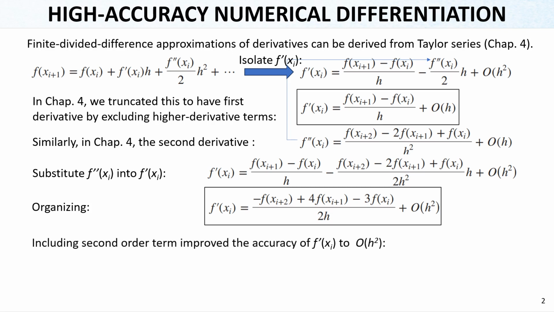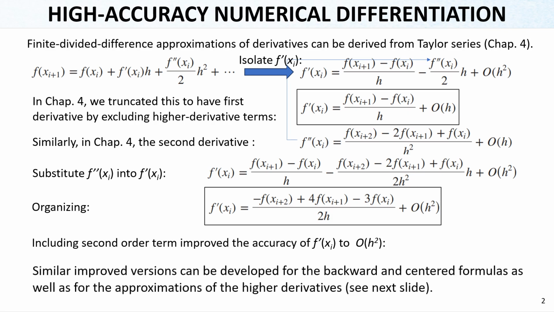Including the second order term for the second derivative, this one, improved the accuracy of f prime(xi) to O(h^2). So we have O(h^2) because we added the second term as well. So we improved the error, or the accuracy actually. So this is called the high accuracy numerical differentiation.